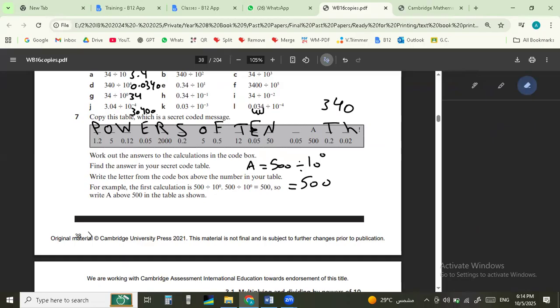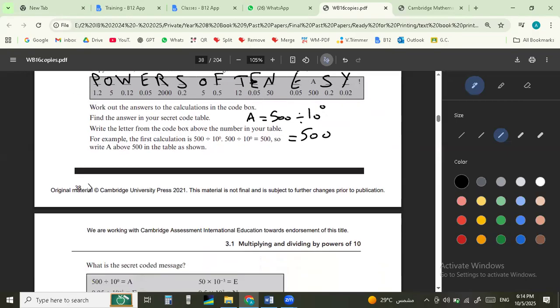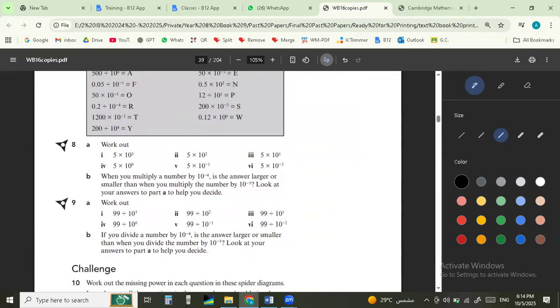I forgot the code; I read it only a few minutes ago. E, Z. So it's powers of 10 easy. This is the code. You'll only find out about it after you answer each one and put each letter in the right position up there.